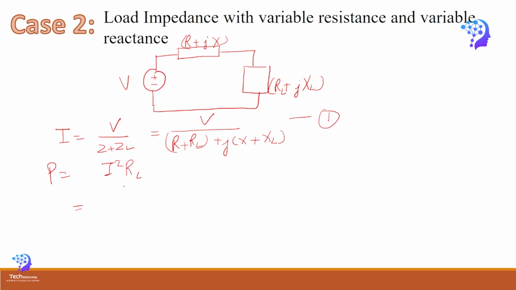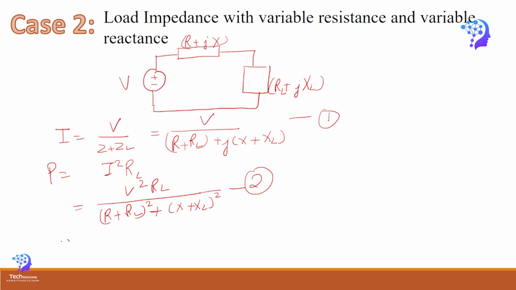This will be equal to V square RL upon, only the real, we want only the real value. So this will be this one. You can also do that if we square all this, you can open it and you can verify it. Okay, this will be equation number 2.